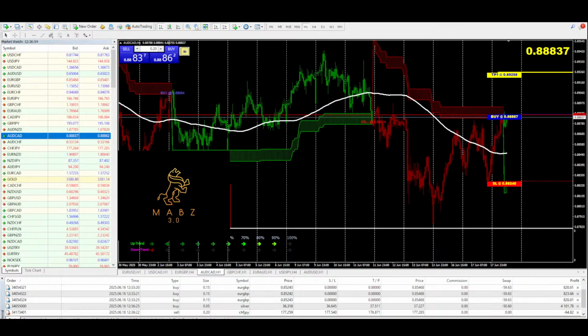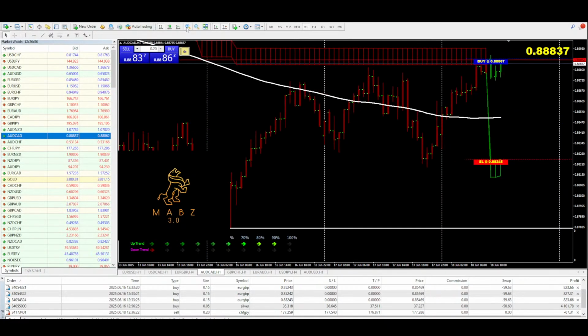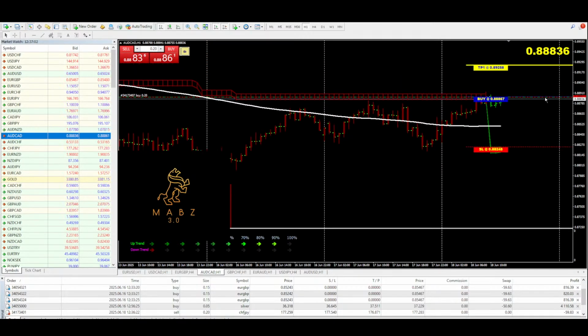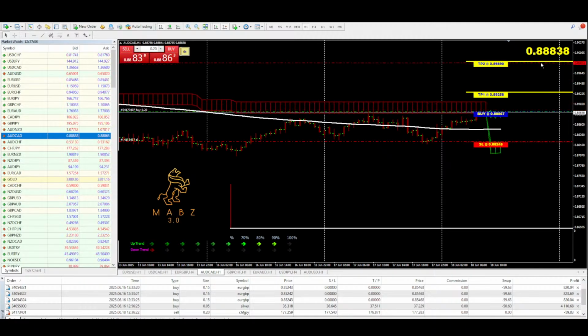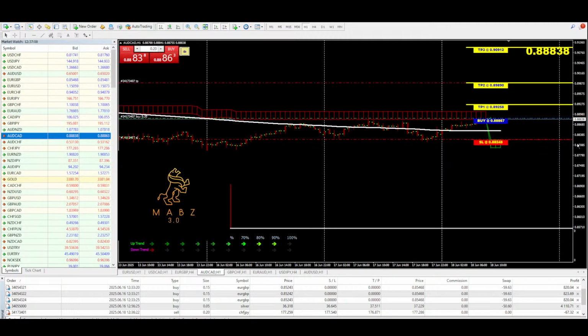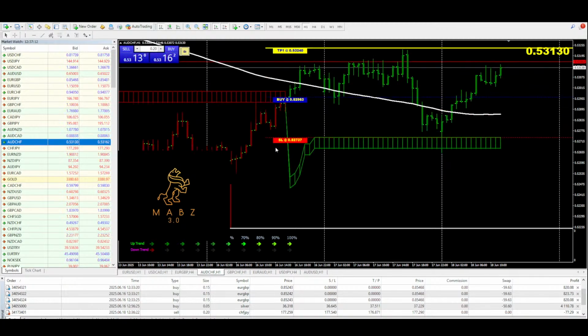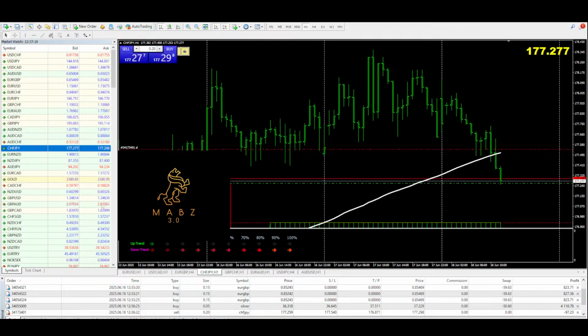Buy signal on AUD CAD. So I'm also taking this one on the H1, targeting TP2. I just want to let this one run because I know it can also run into the Asian session, which is pretty good.